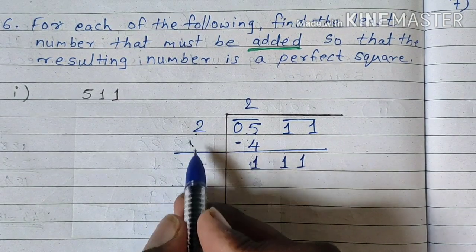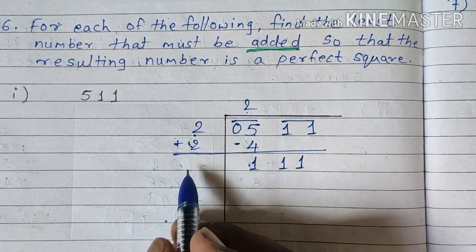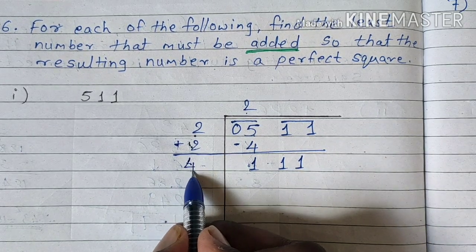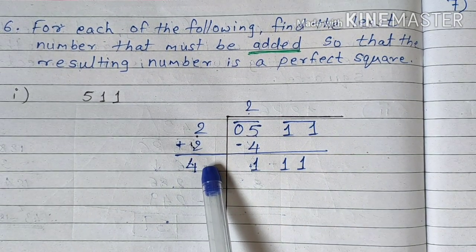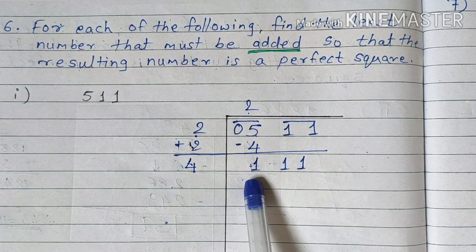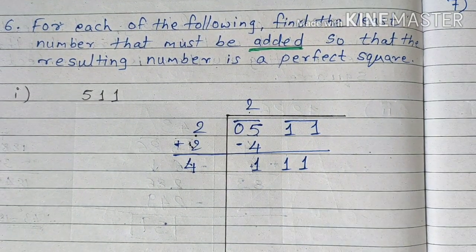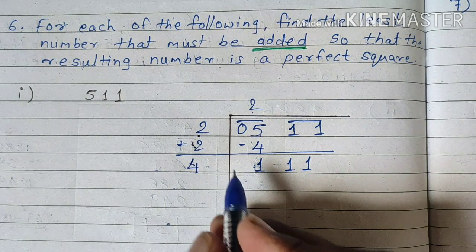Now here 2 plus 2 will become 4, right? Now along with this 4, we have to put such a number that, multiplied by the same number, gives a number less than 111, and that number is 2. So put 2 here as well. 42 multiplied by 2, what do we get?